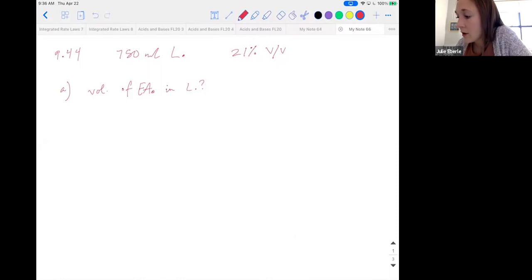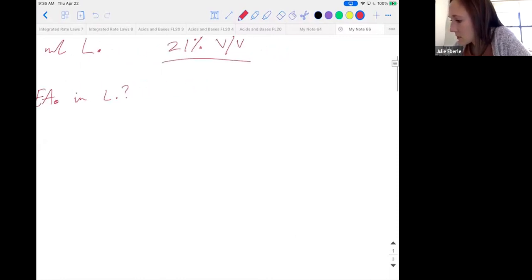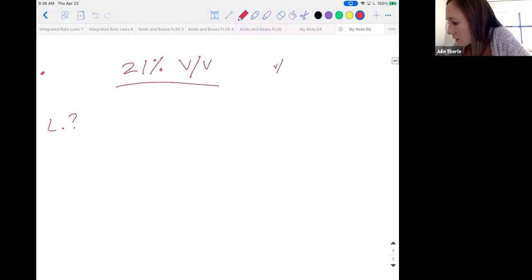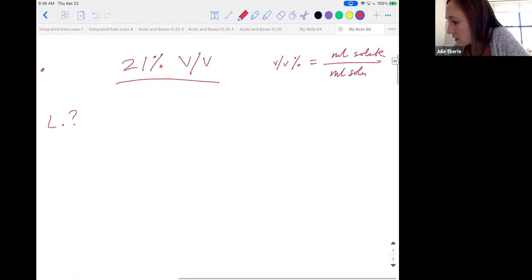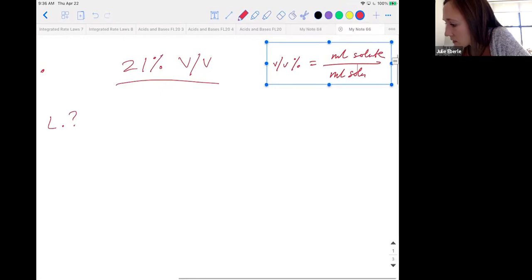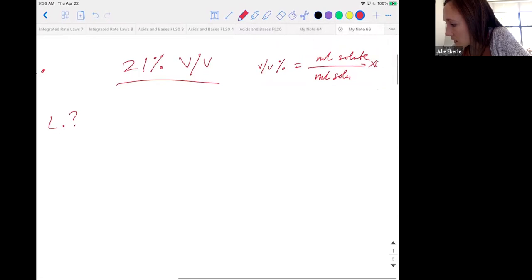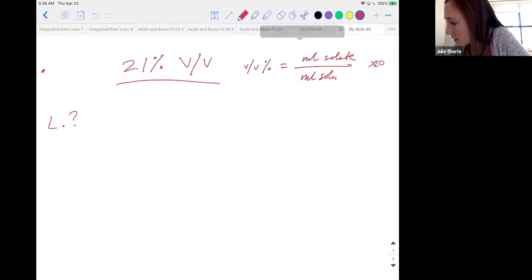So our weight volume percent equation is this. Let me zoom in over here. That volume per volume percent is going to be equal to milliliters of solute, which is our ethyl alcohol, divided by milliliters of solution, times 100.